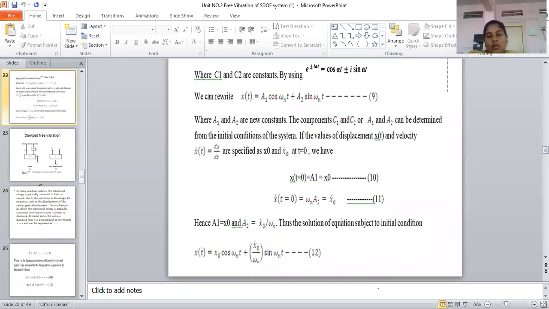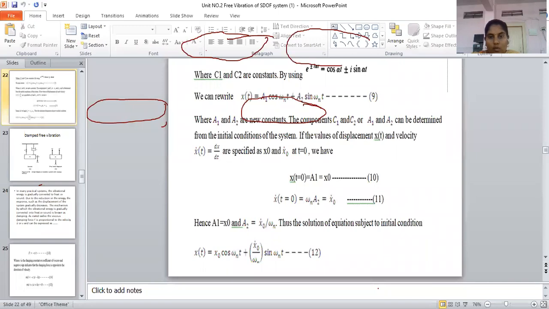So from this equation number 18, we'll understand first what is the critical damping and what is the damping ratio. These two parameters we have to understand here. So from this, these are the S1 and S2 values.